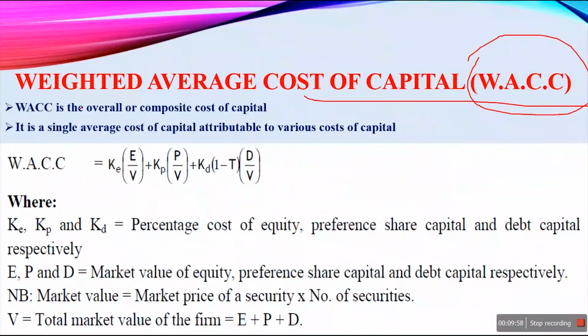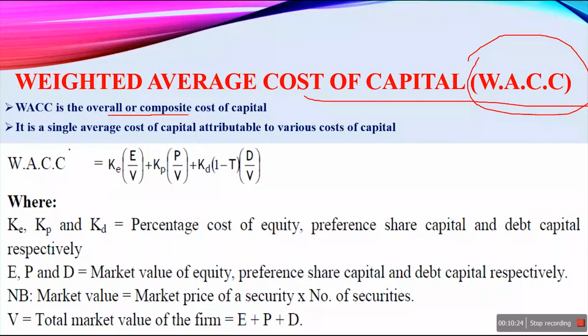WACC is the overall or composite cost of capital. And what do we mean by overall composite? It entails, or it puts together the various costs on the various components. That is, put together the cost of debt, added to cost of equity, then added to the cost of perpetual preference shares to give us the total cost, which is the weighted average cost of capital.